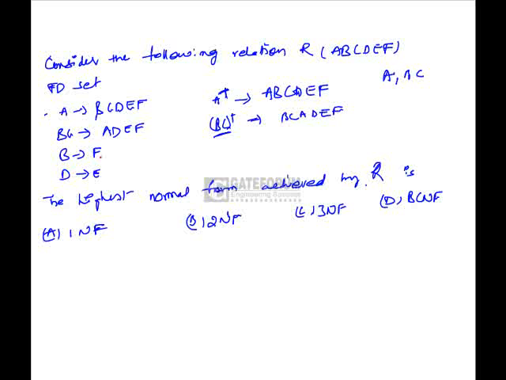If we find B closure, we will be getting only BF. So that means we cannot take B as a key, and we cannot take even D as a key. So here only two keys are there. They are A and BC.